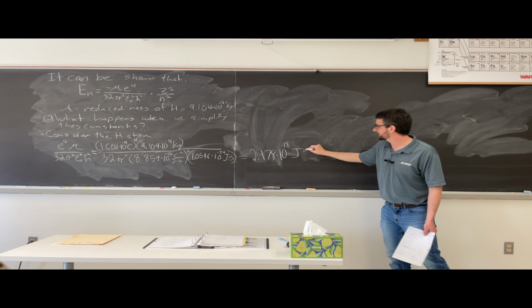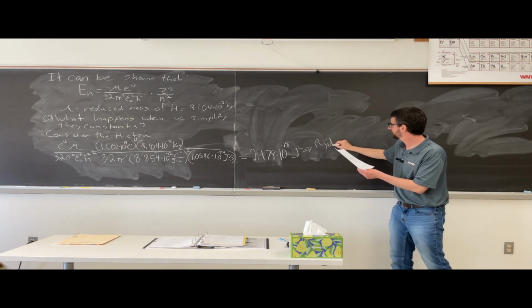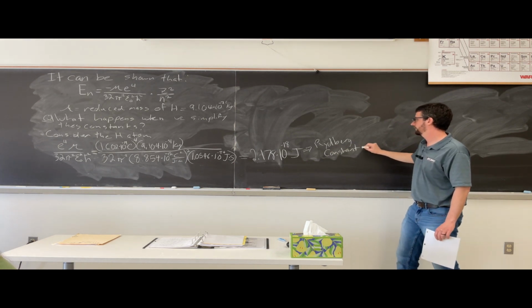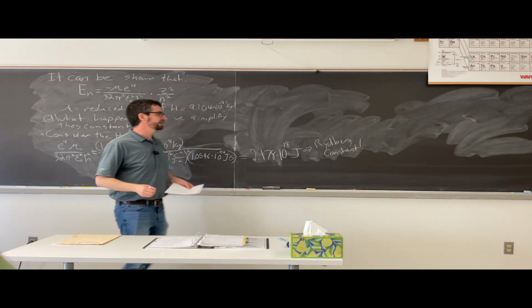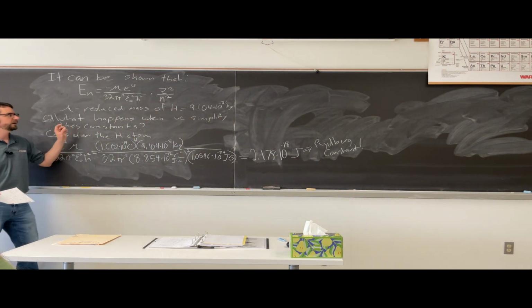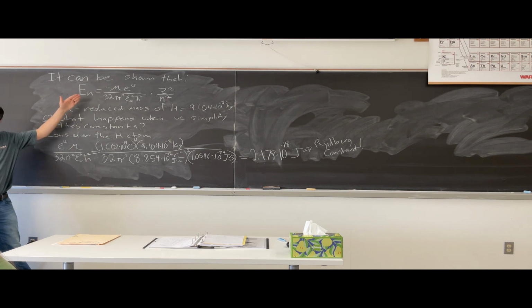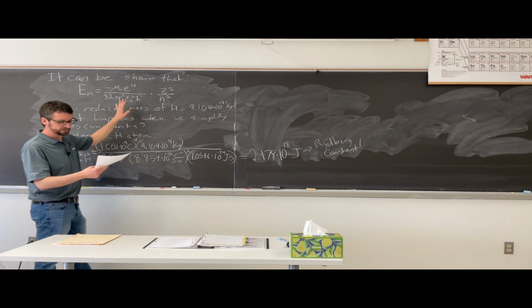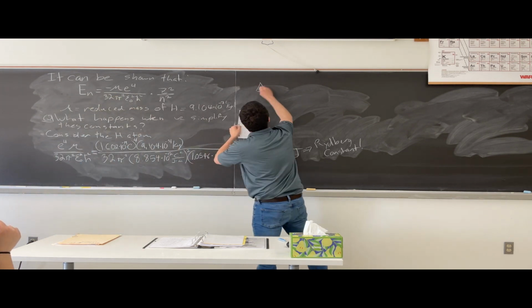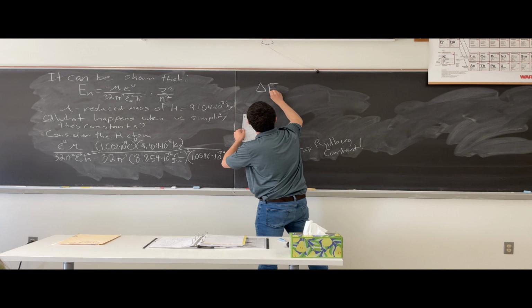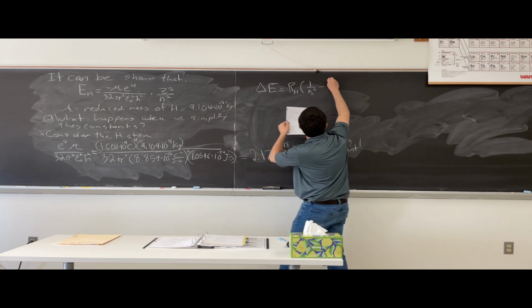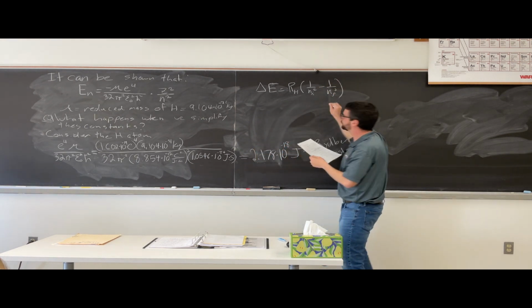This is the Rydberg constant. The Rydberg constant is used when you were considering electronic transitions in the H atom, going from a ground state to an excited state. You had to look at the difference: delta E equals R sub H times (1 over n_i squared minus 1 over n_f squared), like that.